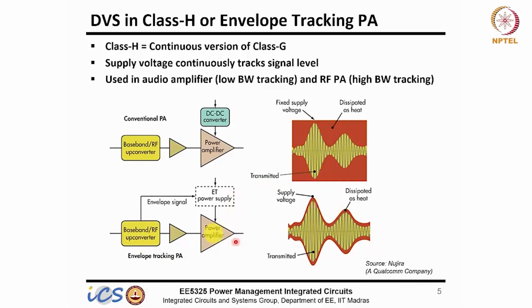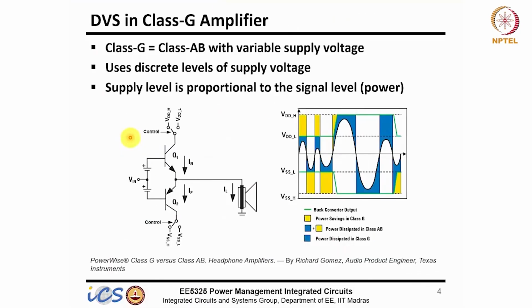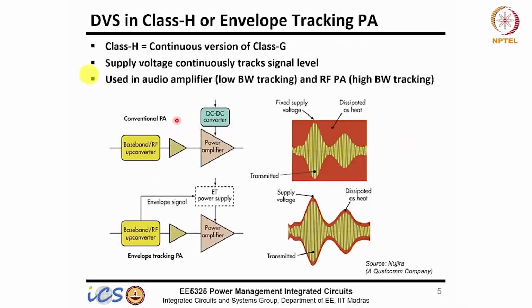So you are doing nothing but regulating the dropout voltage by tracking it with the shape of the signal. That's all you do here, and this is called class H. This is another version of class G. Class G is more discrete in nature, and you can use more levels of supplies if you want. But class H is continuous.